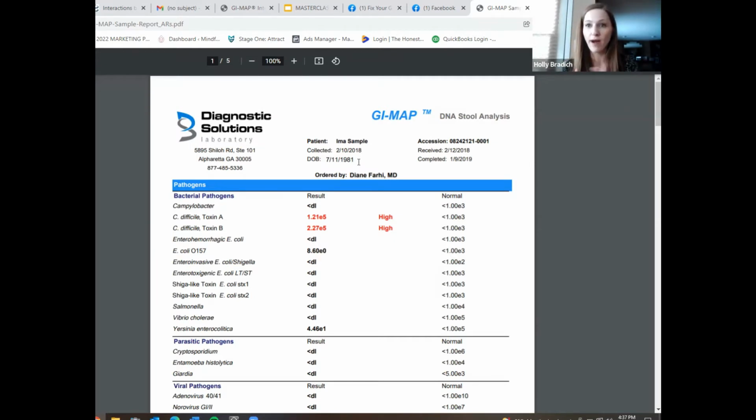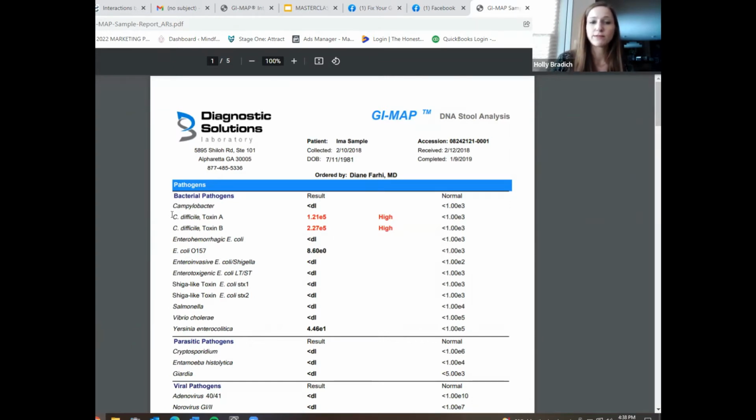And I also go by your medical history and your symptoms and all of that. But that being said, this is kind of our normal reference range. On the left where it says result, that's what came up from the test itself. And in the middle column here, it tells you whether that's considered high or low. So high or low is abnormal, and that could be where a problem lies.